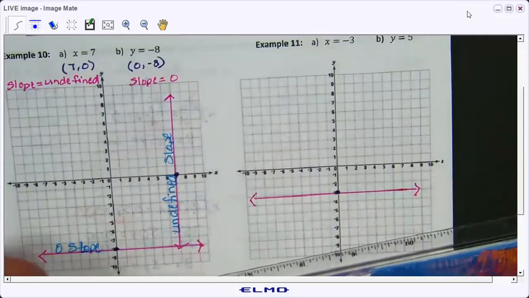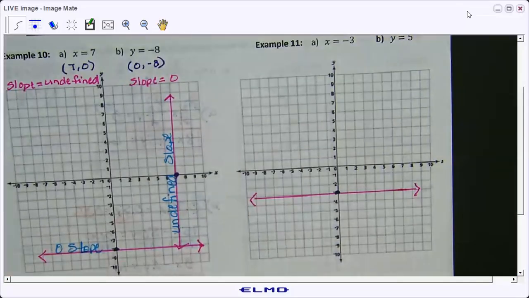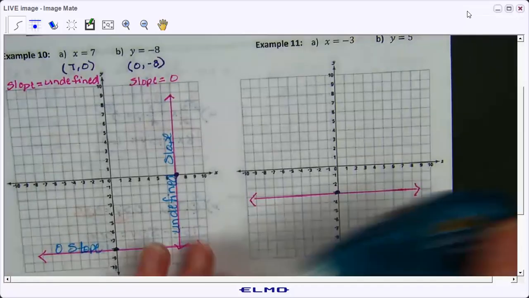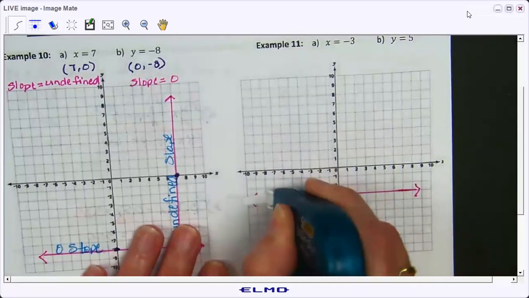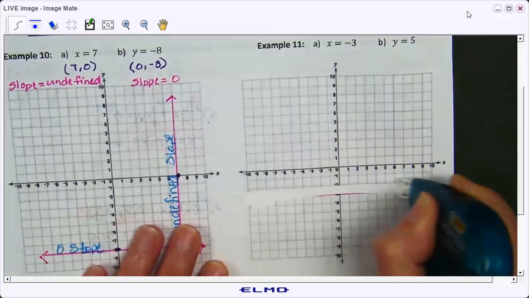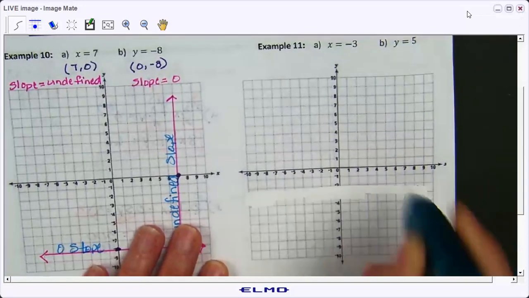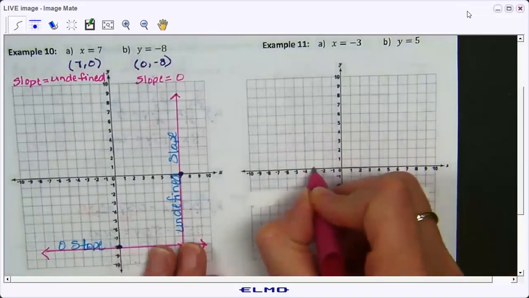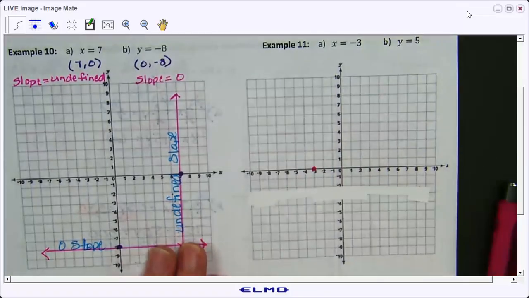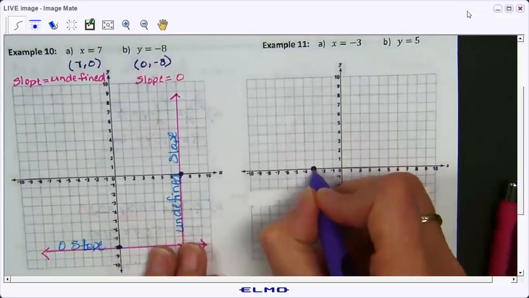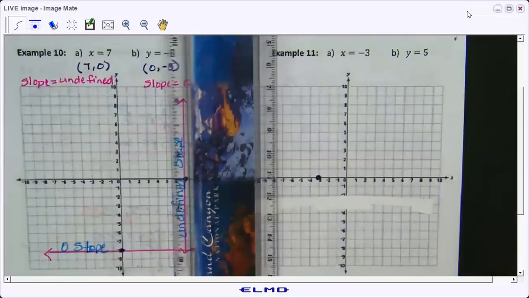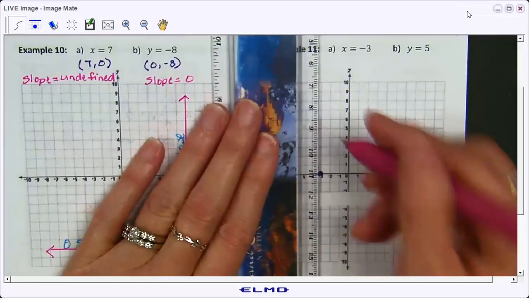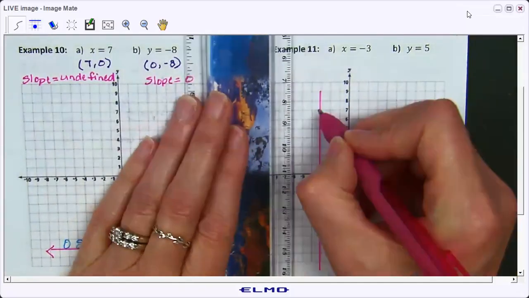Minus 3, 0. You graphed the wrong way. Oh my goodness, I did, thank you. I graphed it on the y instead of the x. Yes, -3, 0. Oops. And draw over there.